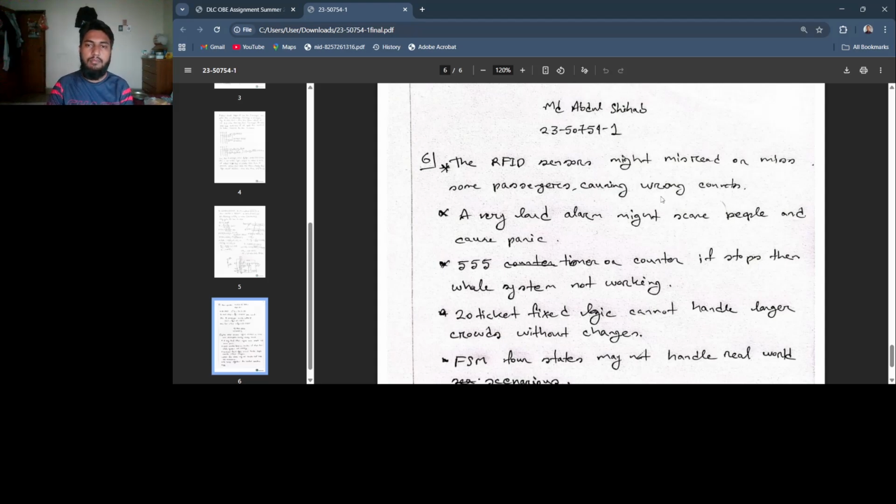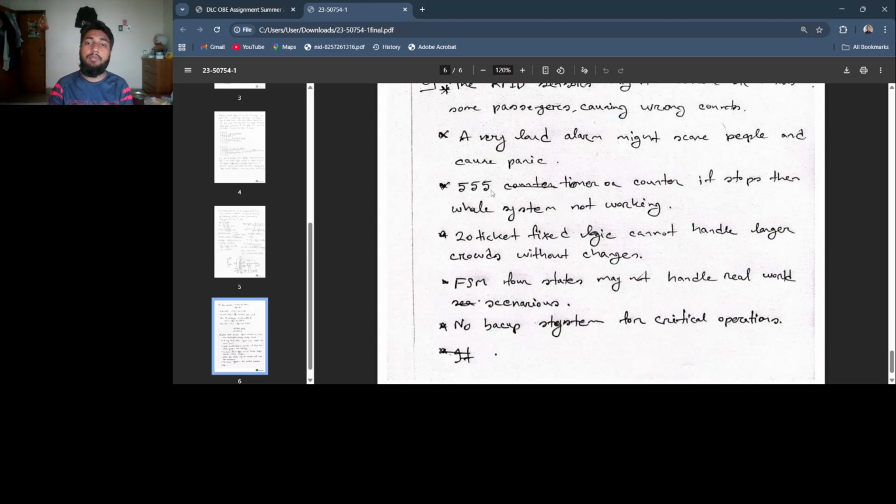If my system is made for very few people, for 10 or 20 people, and the system grows bigger, then it may be disturbed. If all components do not work properly, or if the 555 timer or counters stop, then the whole system stops working.